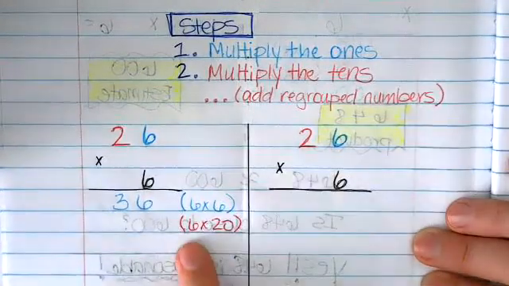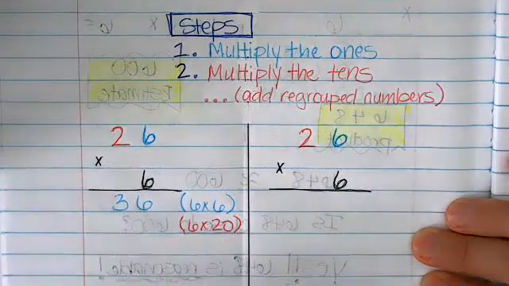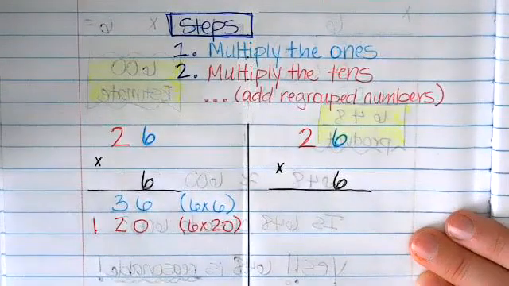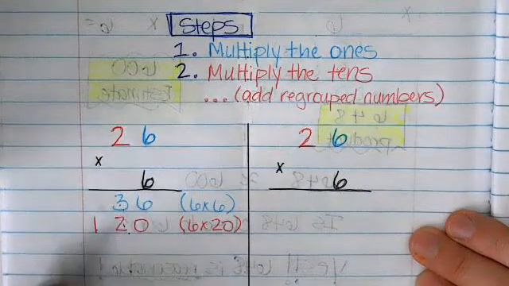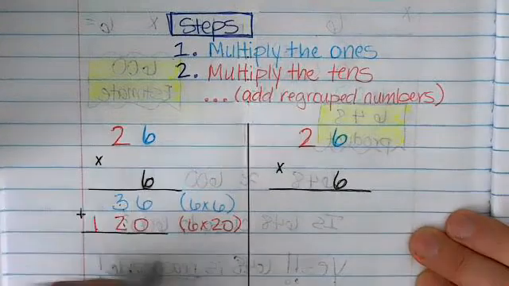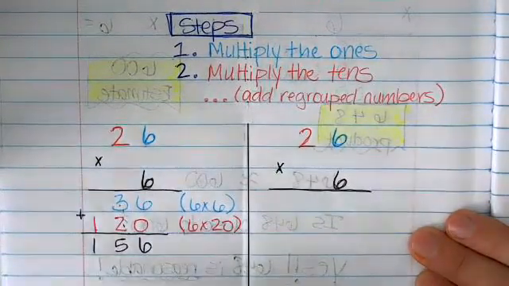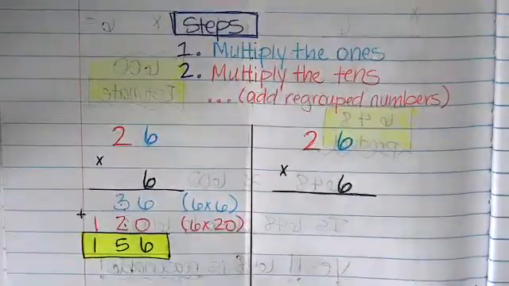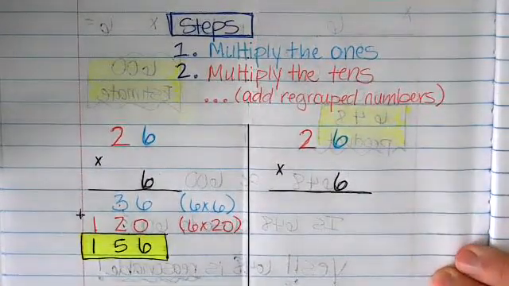I take my basic math fact, which is 6 times 2, just 12, and add a 0 on the end, which is 120. After I find these two partial products, remember these are your two partial products, I add those together and I find that my end product is 156.